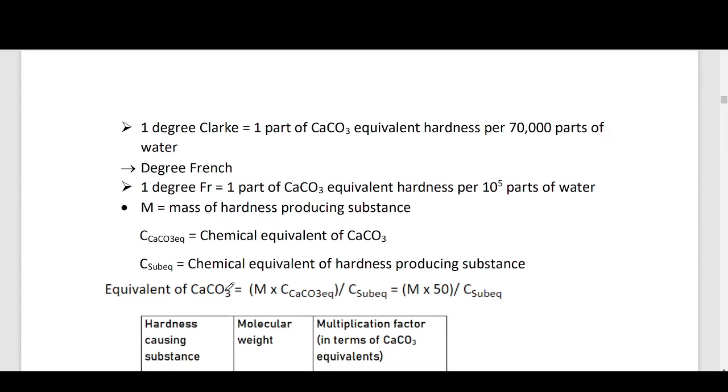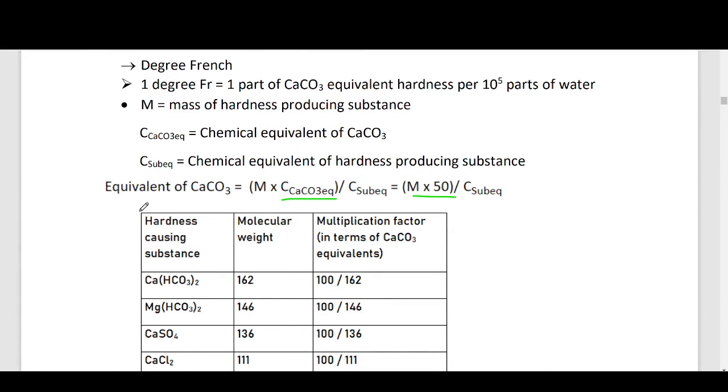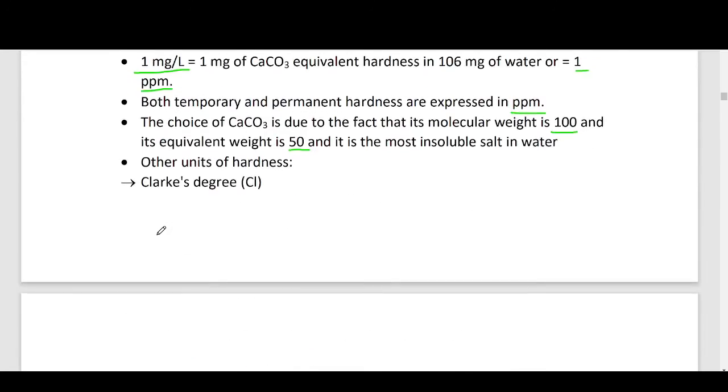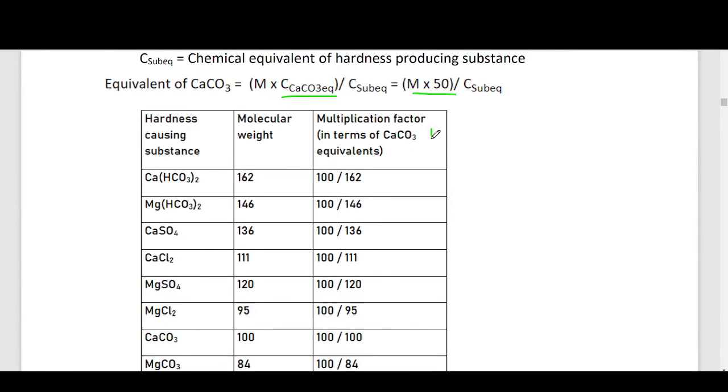Okay, so the CaCO3 equivalent is the mass m into the chemical equivalent of CaCO3 divided by the chemical equivalent of the hardness producing substance. This is 50 as we know, so m into 50 divided by the chemical equivalent of the hardness producing substance. This is an important table which will be frequently used for solving various numerical problems on hardness, and this is a very important area.